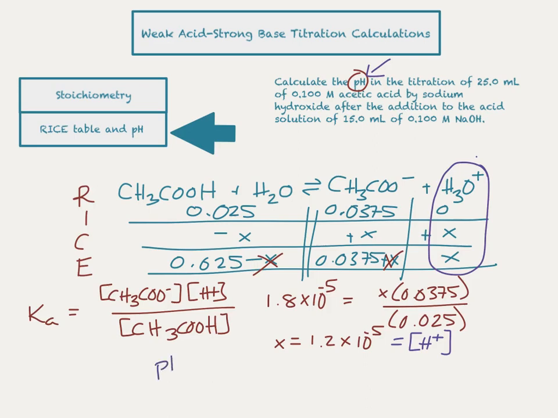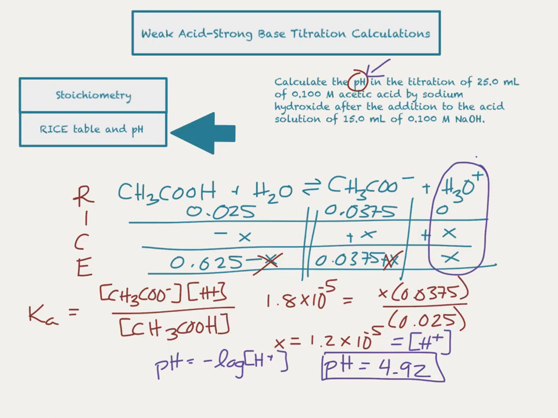Since pH is equal to the negative log of the H plus concentration, I will just negative log my answer to get a pH equal to 4.92.